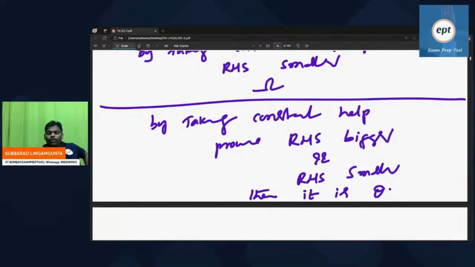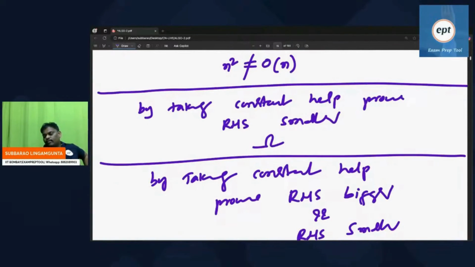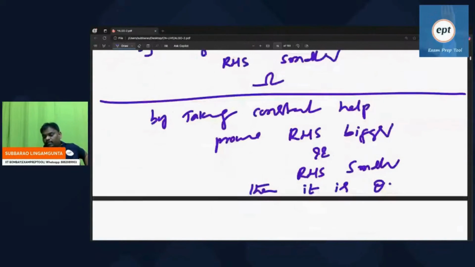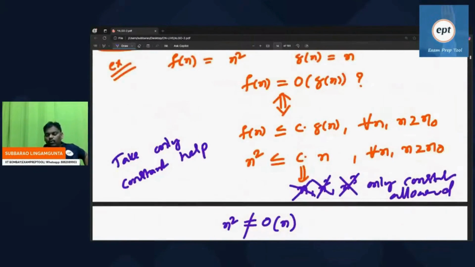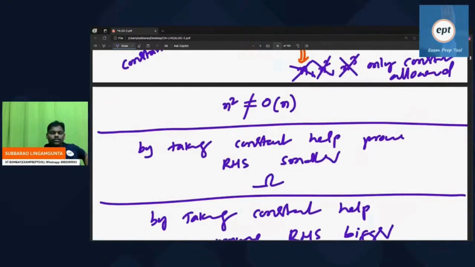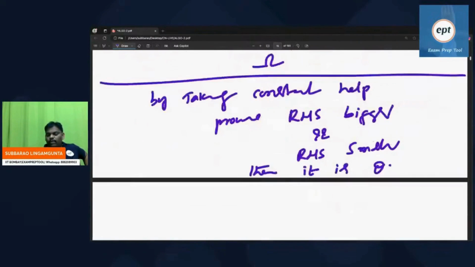If you know big O, you know omega also, you know theta also. What is omega? Prove that the right is smaller with the help of a constant. What is theta? Prove that the right is bigger and the right is smaller also. By taking constant help, prove the right is bigger and smaller also. That is called theta. If you are okay with the big O, you are okay with omega also, theta also.